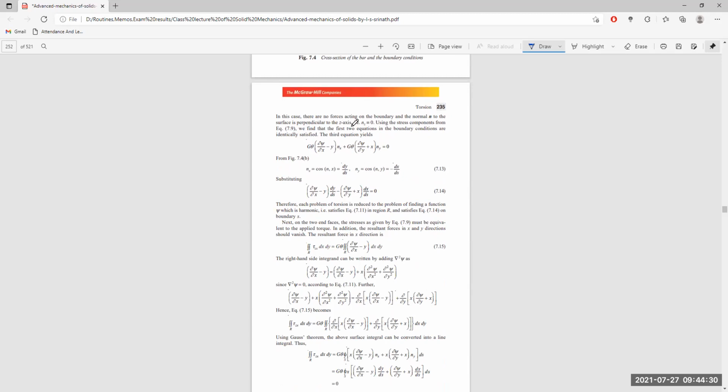Using the stress components from the earlier equation 7.9, we find that the first two equations in the boundary conditions are identically satisfied. The third equation gives G theta times d psi by dx minus y into nx plus d psi by dy plus x into ny equal to 0.